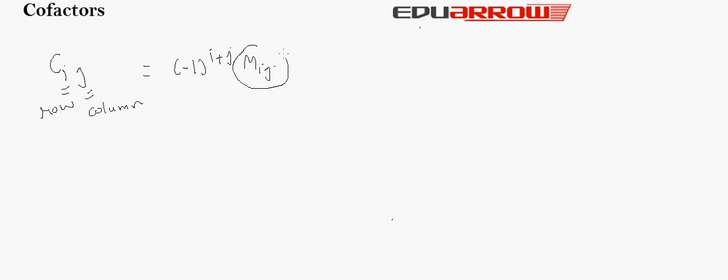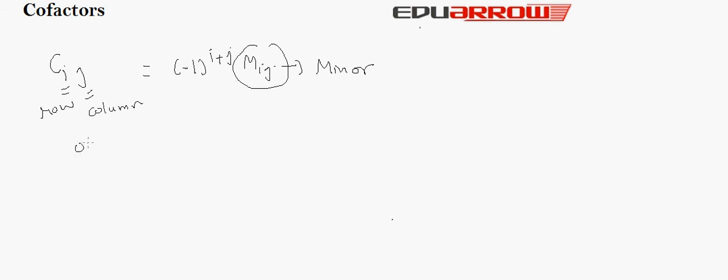Next is cofactor. The cofactor of an element of a square matrix, which is denoted by Cij, where i denotes the row and j denotes the column, is equal to minus 1 raised to the power i plus j into M of ij, where M of ij is the minor of that element.